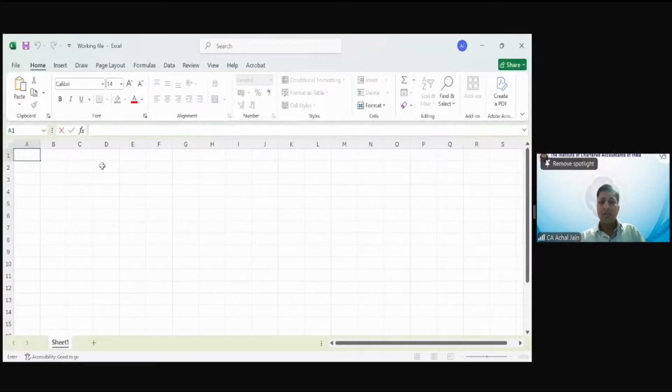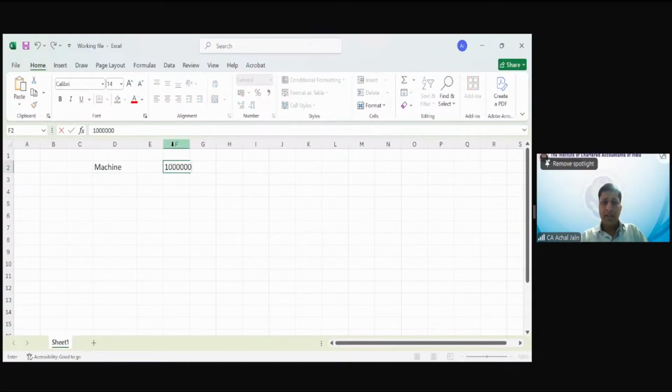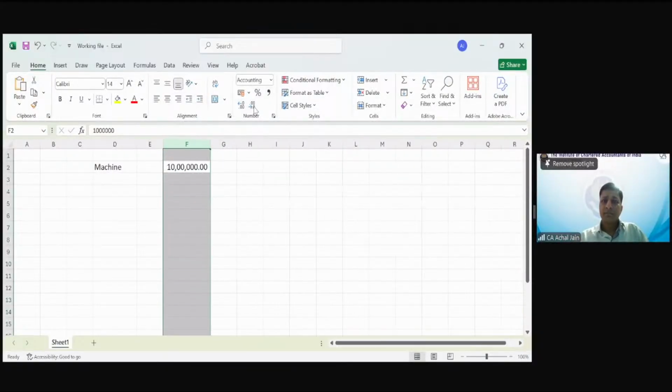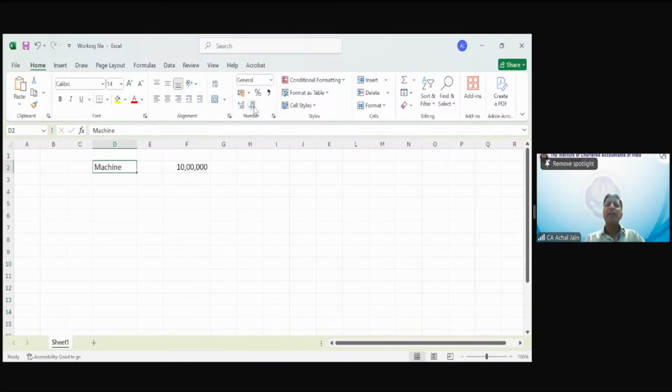Okay, so let's suppose there's a machine. Say its value is 10 lakhs. So when you purchased the machine, its value was 10 lakh. Its life was taken as 10 years.